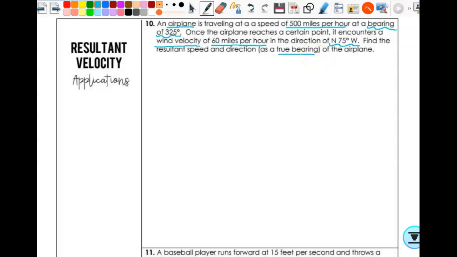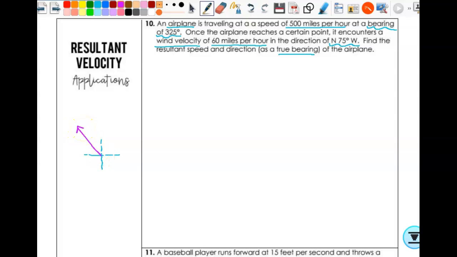We're going 325 degrees. So up here. So we'll say, all right, we've got our plane is flying at a bearing of 325 degrees. So that would start here, go all the way around. So it's about like this.